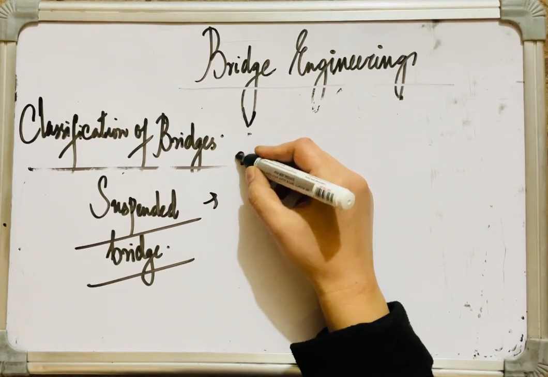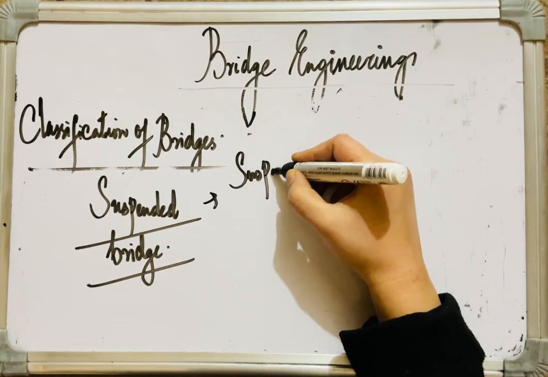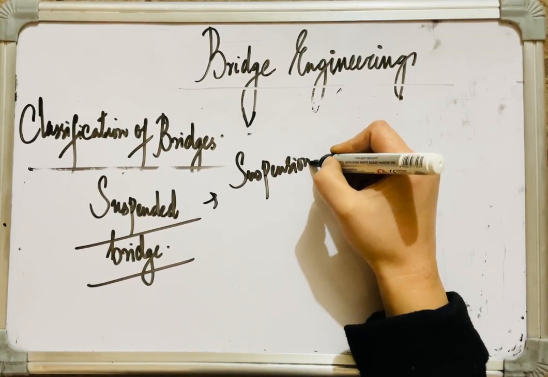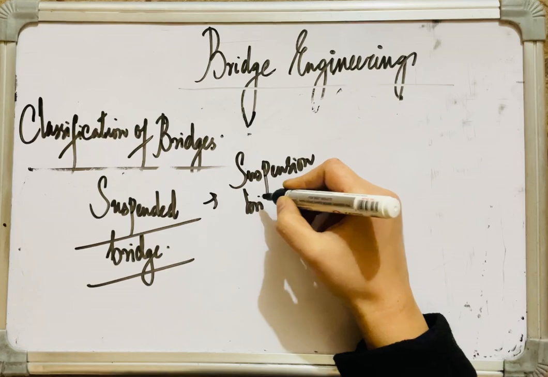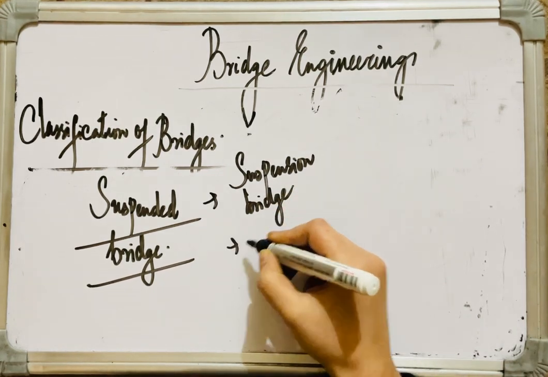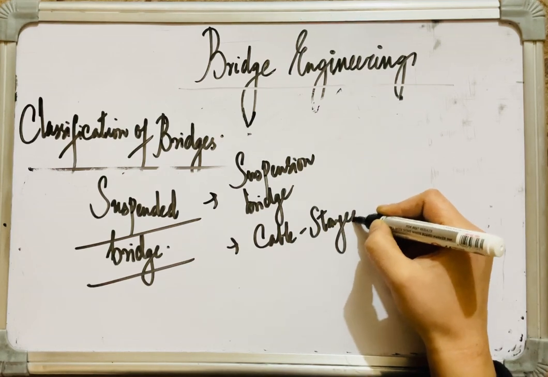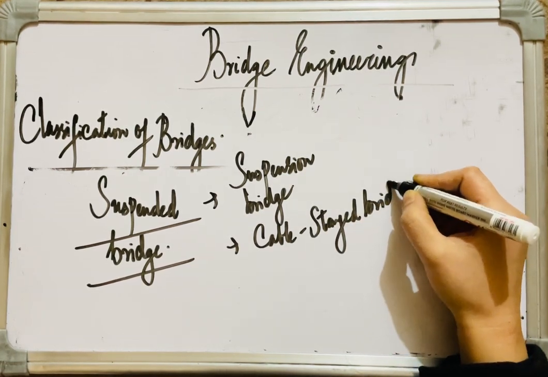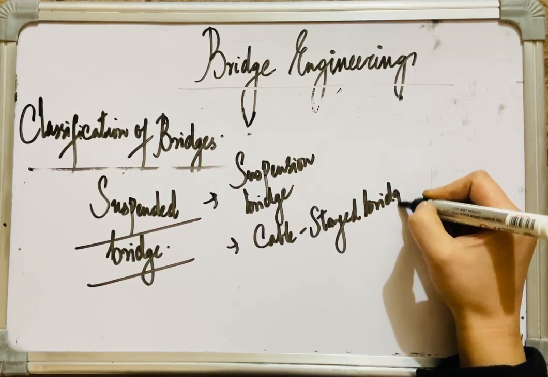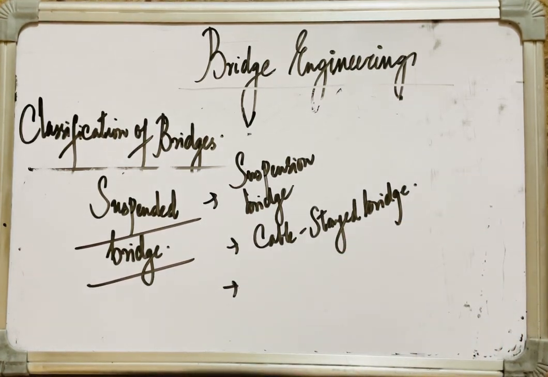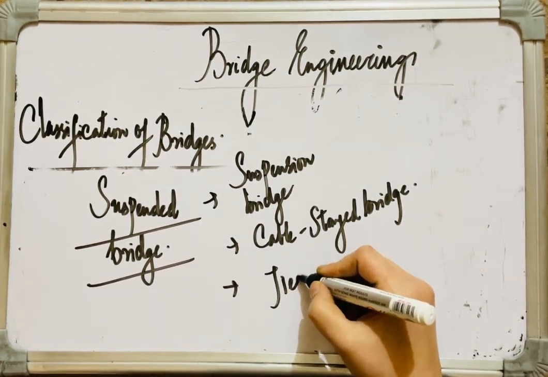We have suspension bridge, we have cable stayed bridge, so the classification never remains mutually exclusive. One bridge form can fall in another category as well. We have tied arch bridge as well.